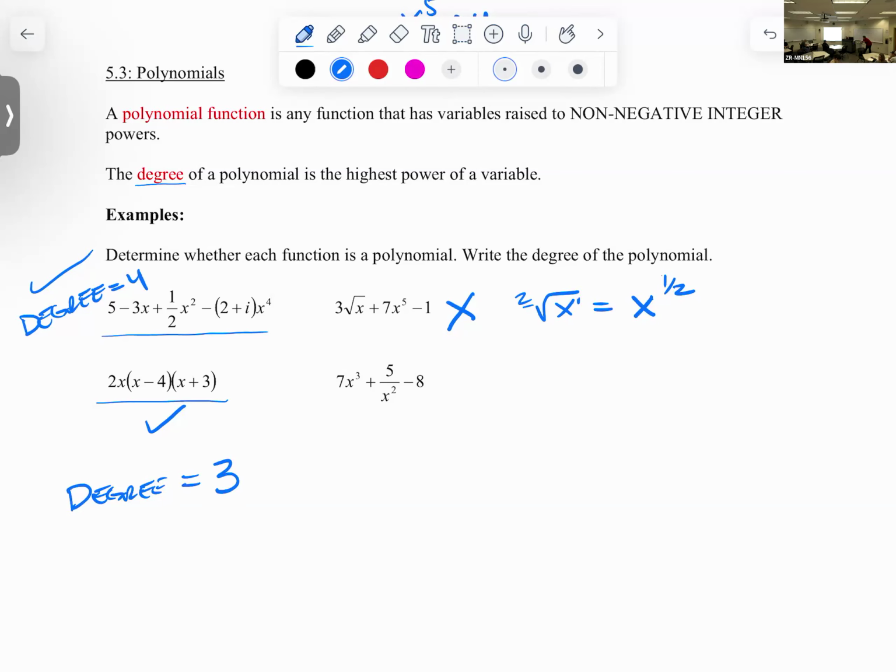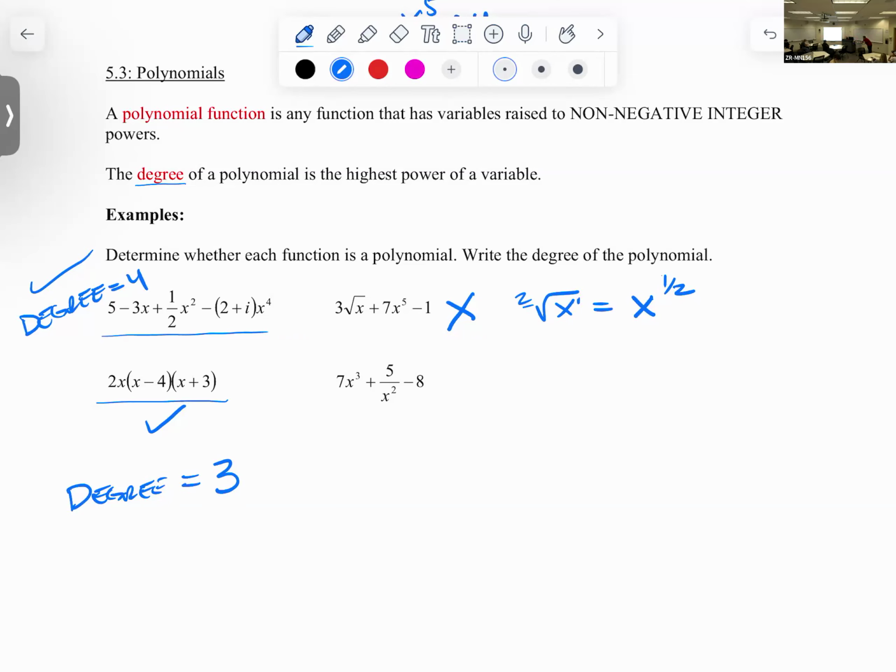All right. For this last one, I have 7x to the 3rd. Is that a non-negative integer power? Yes. Then I have 5 over x squared. Is that a non-negative integer power? Is -2? In order to be a polynomial, it has to be written all in the numerator.